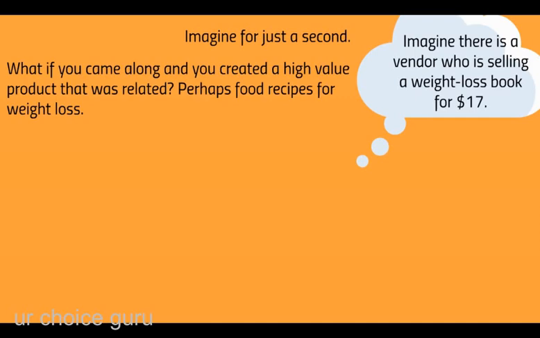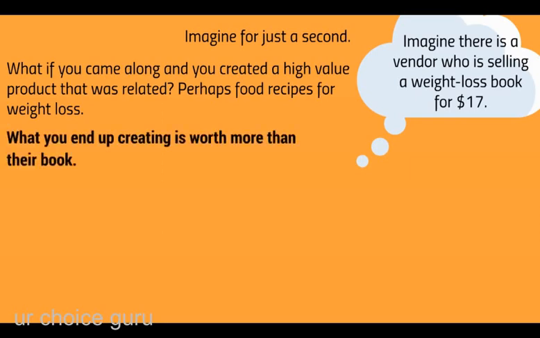Obviously, if you approach a vendor who is selling a recipe book on weight loss, they're more likely to say, oh no, definitely not. Heck no. They're definitely not going to accept that, because it's just too close to what they're selling. So in this case, because their book is about weight loss and weight loss training exercises, you can create a high value product, related indirectly, that discusses food recipes for weight loss.